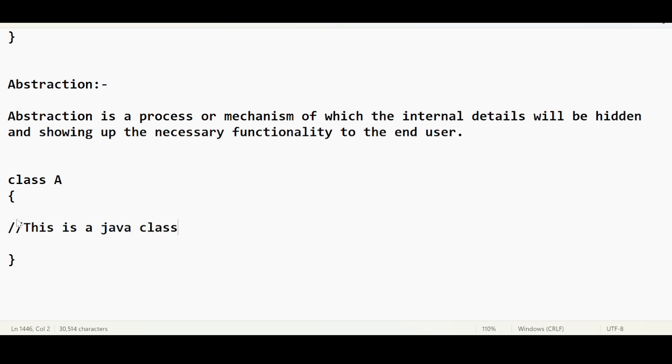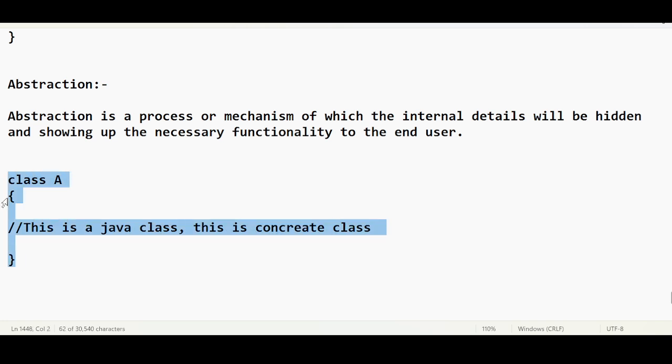But if I want to elaborate in depth, ideally I can say that this is a concrete class. Now I am introducing this word: concrete class. Very simple. When I say concrete class or when I just say class, both are same. Class A, you can just say it as Java class, or you can also say it as concrete class, a powerful word. Concrete.